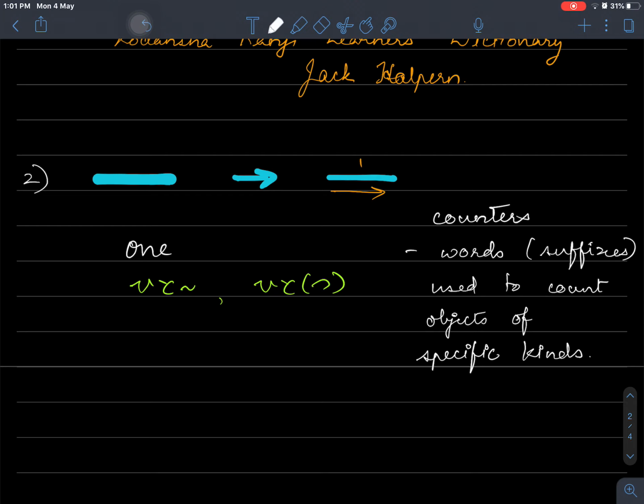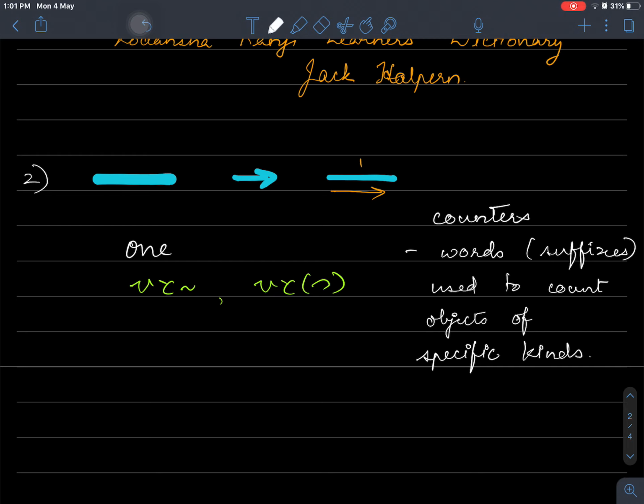To anyone who's also preparing for the JLPT on the side, you will already have come across this. For example, when you count pairs, you add satsu on the side.